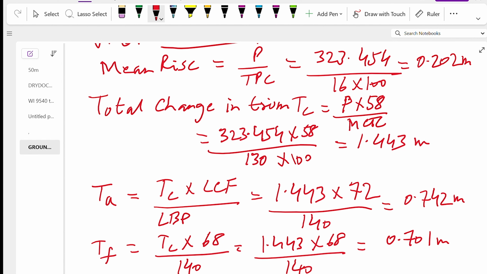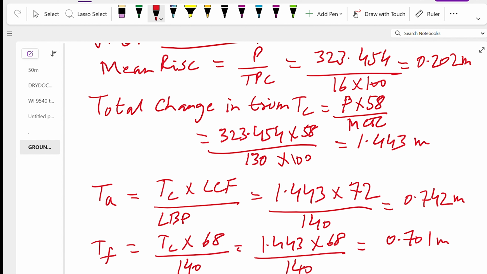So if you do this 1.443 total change in trim minus 0.742, you get the same. This is just to show you that there are two ways. You can always do like this also, just for the knowledge that the change in the forward draft can also be found like this.